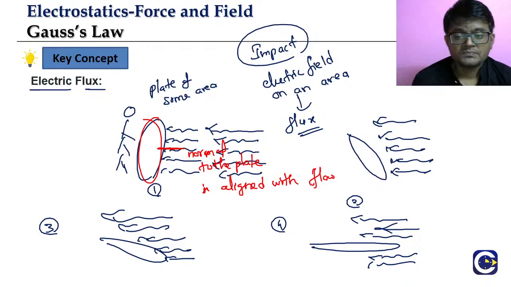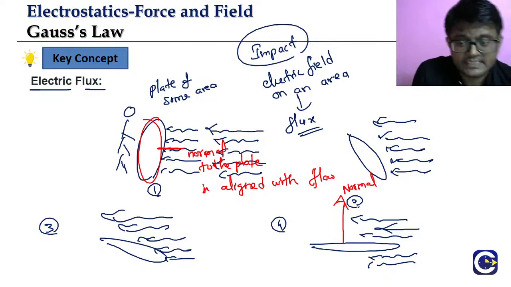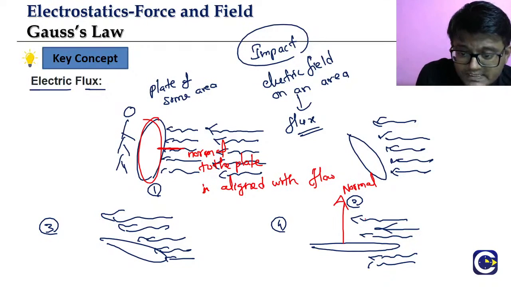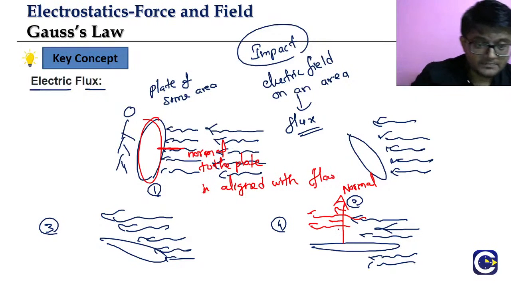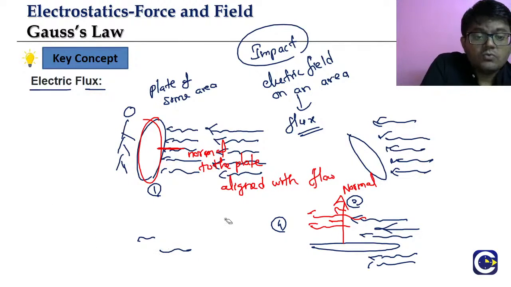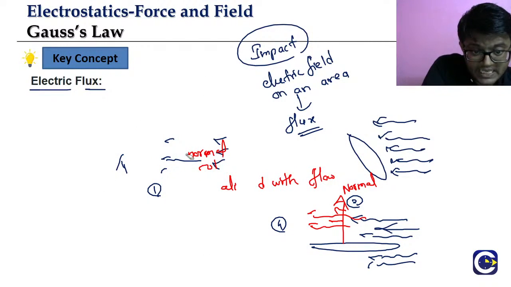We always represent the normal to the plate as the reference direction. When the flow is coming at an angle of 90 degrees with the normal to the plate, we see the minimal impact. So we get the basic idea of how the impact is related to the orientation or angle.